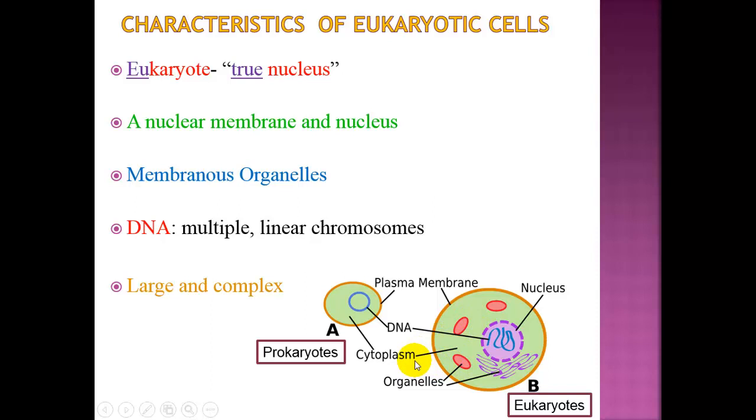The DNA of eukaryotes is in the form of multiple linear chromosomes. Finally, eukaryotes are relatively large and more complex in both structure and function when compared to prokaryotes.